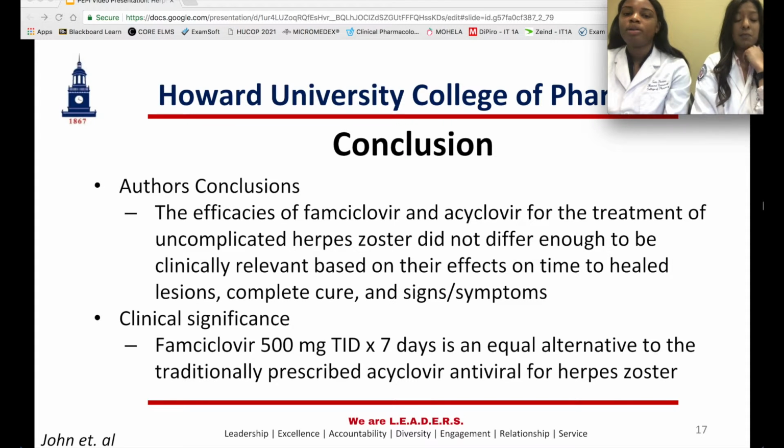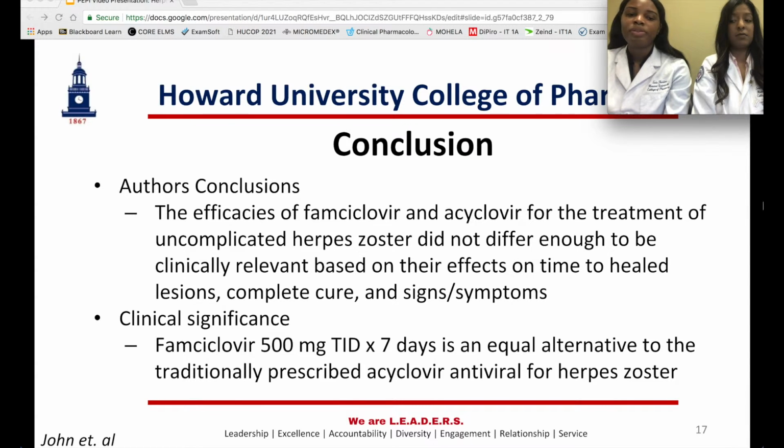There wasn't a huge difference that was significant enough to be seen clinically and relevant based on the effects on time to be healed, lesions, complete cure, and signs and symptoms.